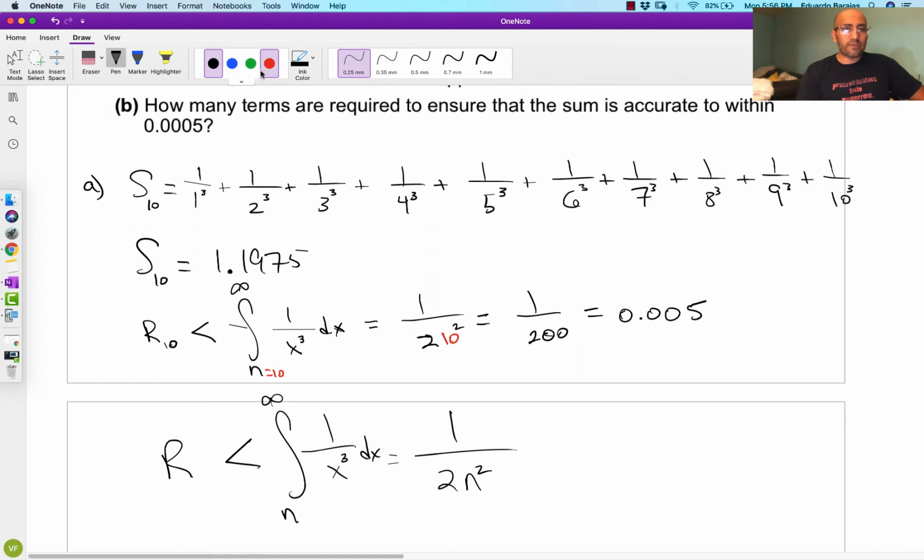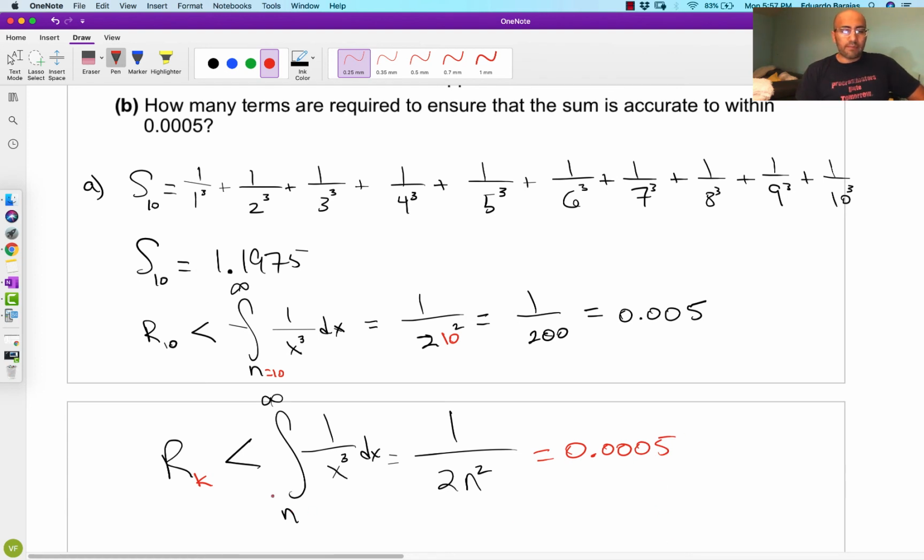So let's say that we're looking for R sub k, and we need to figure out what that k value is going to be such that this remainder is equal to 0.0005, another 0 in there.